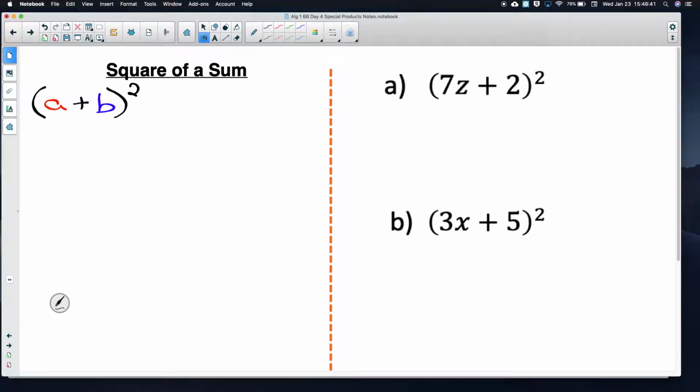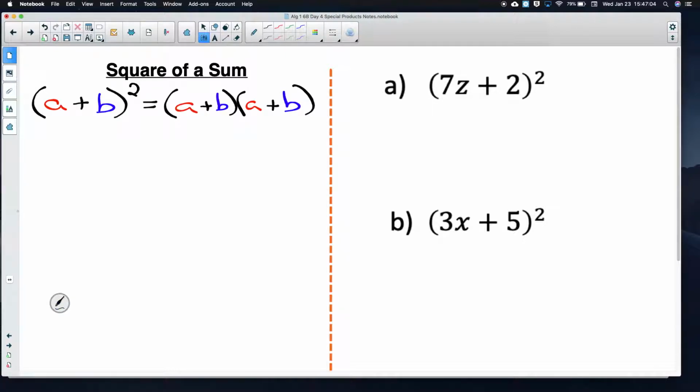So I'm going to take A plus B times itself twice. So I'm going to take A plus B times A plus B.